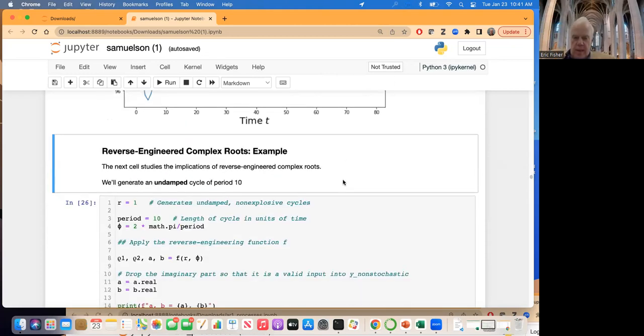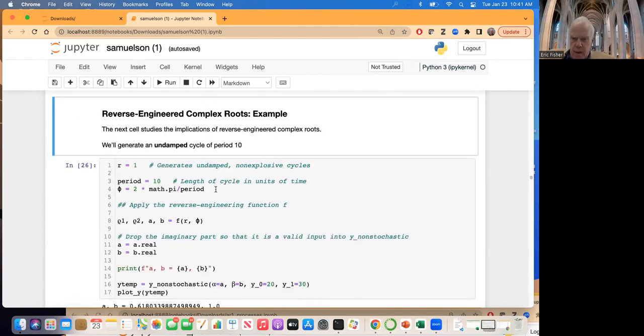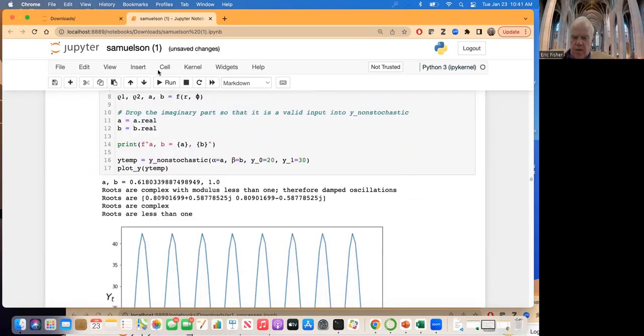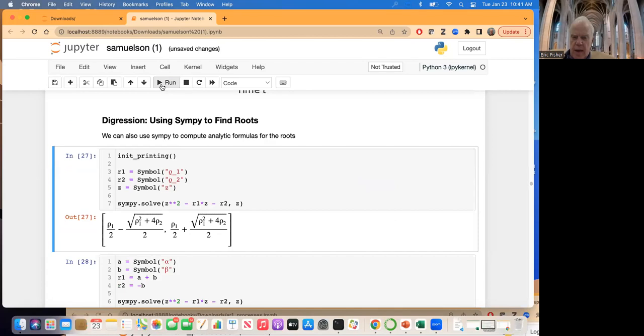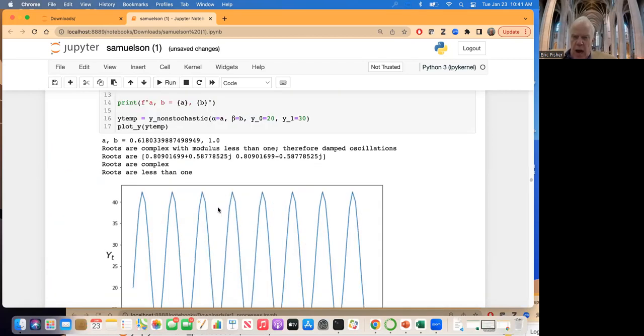All right, now, finally, can I generate undamped explosive cycles? So the answer is yeah. So what I want to do is start with undamped cycles. How could I do it?